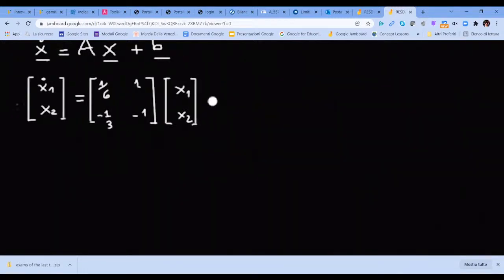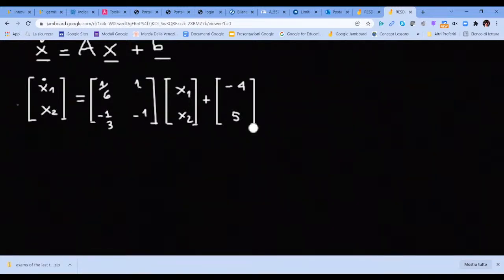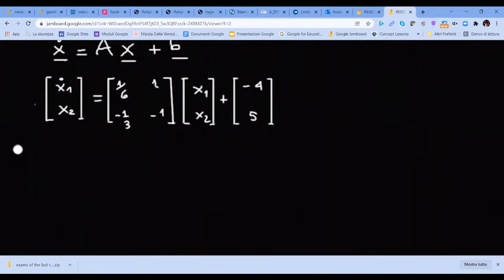I don't know if you solve some exam papers, but this comes from an exam, and this is the case without the column vector b, but we can add the column vector b, and we have to solve first of all the equation without the known term. That means this equation.